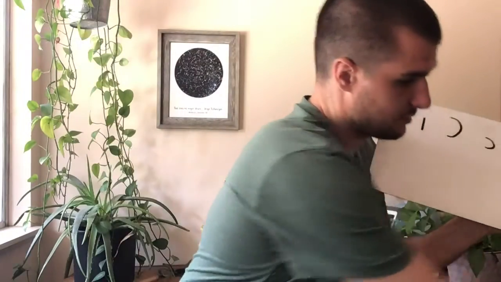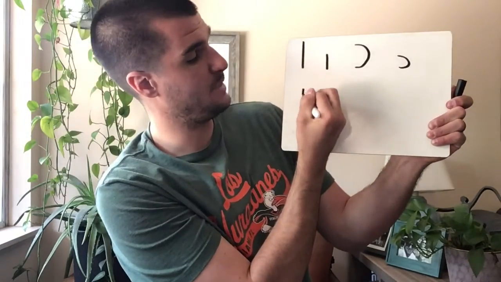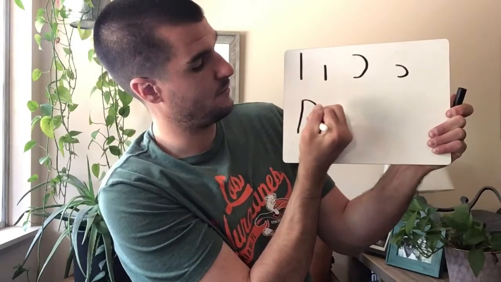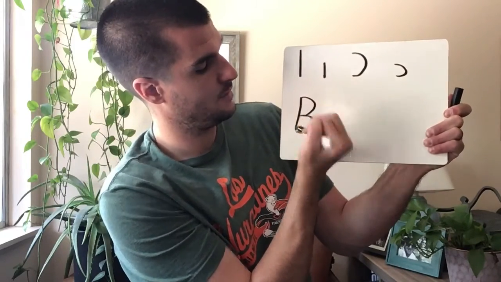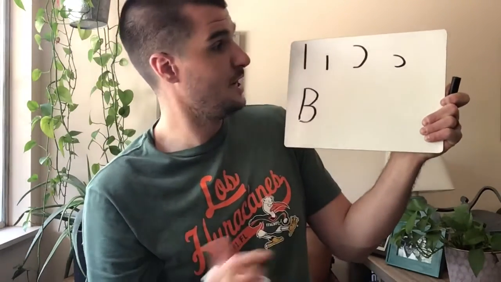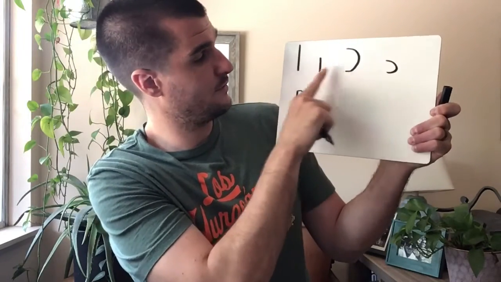So for instance, if we're writing the uppercase B, we're going to say start at the top, big line down, frog jump to the top, little curve, little curve. And if we're doing an uppercase R, it's going to be the same thing. We're going to use a big line, a little curve, and a little line.